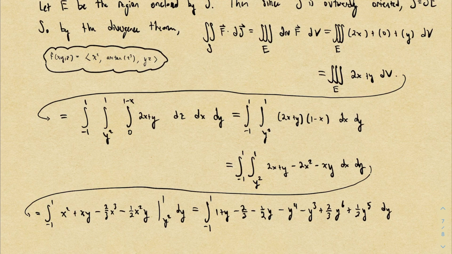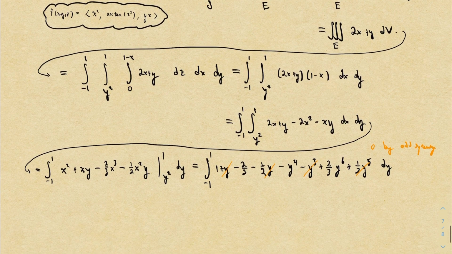And it's kind of annoying, but I can use odd symmetry on some of these. Any of the odd powers of y are going to integrate to 0 because the interval -1 to 1 is symmetric across y equals 0. So this one, this one, this one, and this one, the integrals of all these terms are going to be 0.